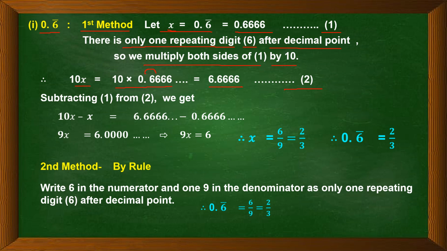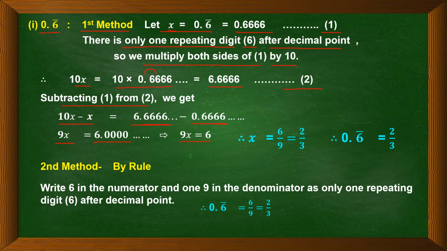Now 10x is more than x, so we shall subtract 1 from 2 because the second equation is more than the first equation. And we shall get 10x minus x is equal to 6.666, and so on, minus 0.6666. Now 10x minus x is 9x and 6.666 minus 0.666 is nothing but 6.000. Basically all the decimal places have become 0. So it is actually 6.